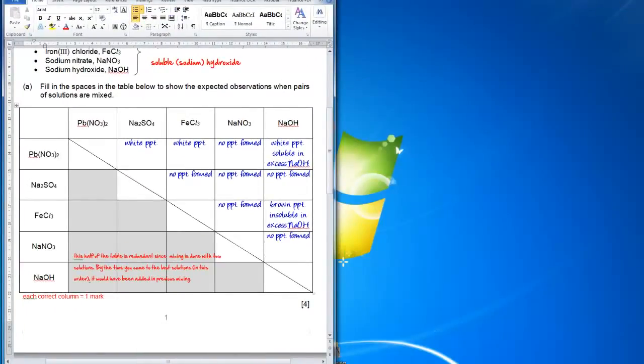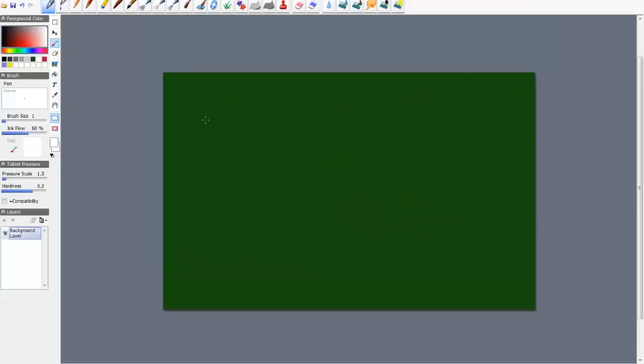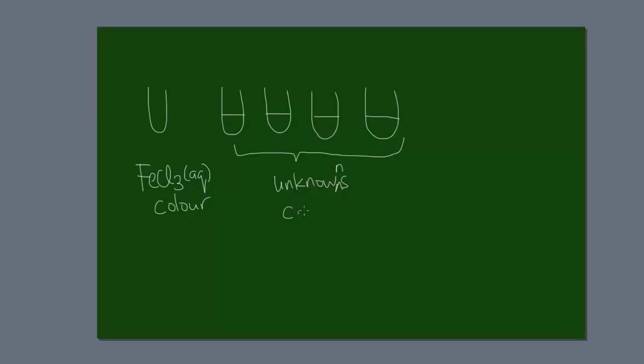I have 5 solutions that are unlabeled. This one is positively identified as FeCl3 aq because of the color. So these solutions here still remain as unknown, and you know that they all appear to be the same colorless unknowns.